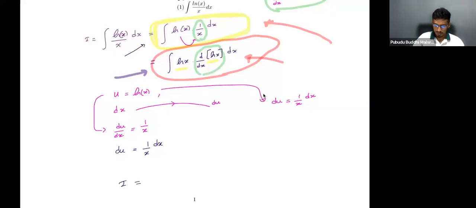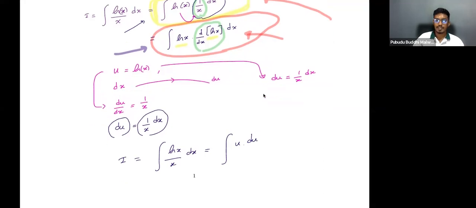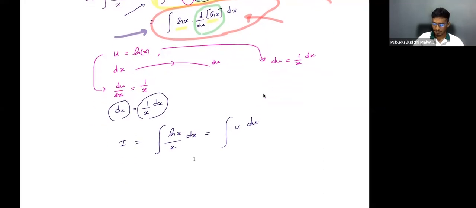Right? That is basically natural log of x is u, and 1 over x dx, that is basically du. So u du, we can easily integrate: u to the power of 1 plus 1, u squared over 2, plus c.